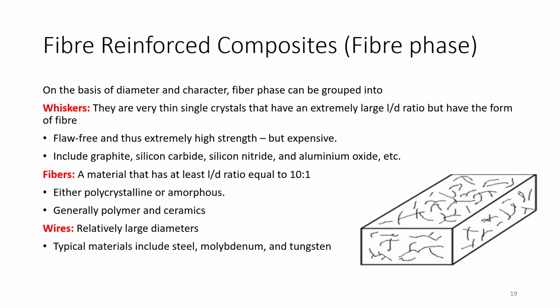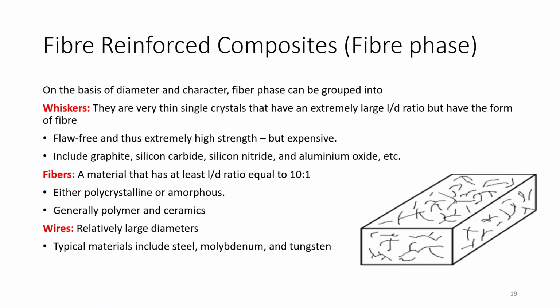Next is fiber reinforced composites, in which you have fiber phase as reinforcement. On the basis of diameter and character, fiber phase can be grouped into three structures. First you have whiskers, which are very thin single crystals that have an extremely large length to diameter ratio but have the form of fiber.